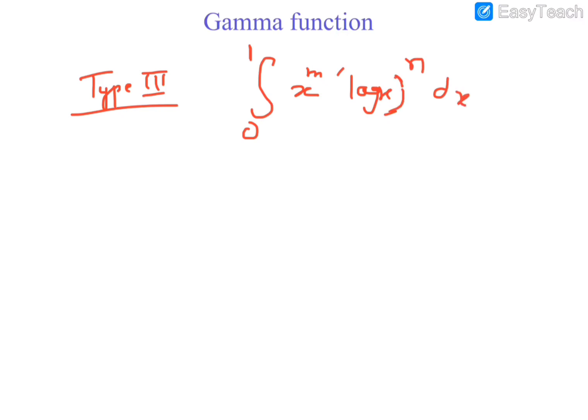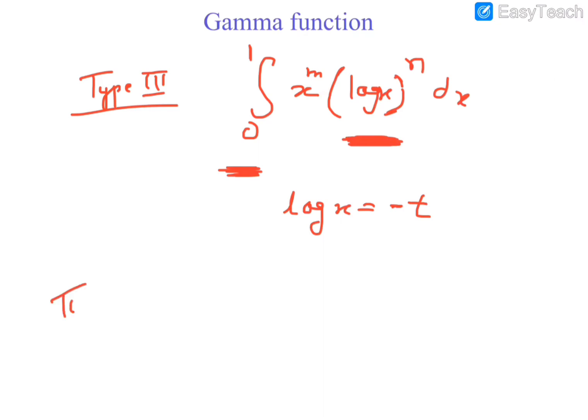When you study beta functions in the next lecture, you will see that the limit of integration there was also 0 to 1, so you may get confused whether to apply beta function or gamma function. But please remember, in this case the log x is there. So when you substitute log of x is equal to minus t, the limit will again change from 0 to infinity, and it again becomes the category of gamma functions.